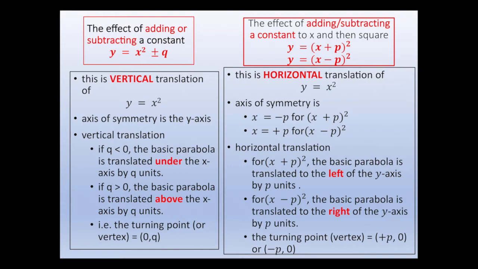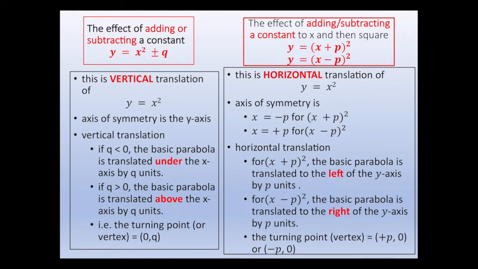So if q is less than 0 in this case, the basic parabola is translated below the x-axis by q units. If q is greater than 0, the y equals x squared parabola is translated above the x-axis by q units, and the turning point is (0, q).